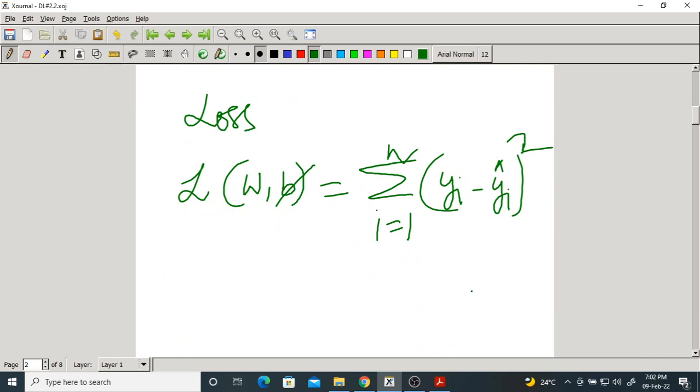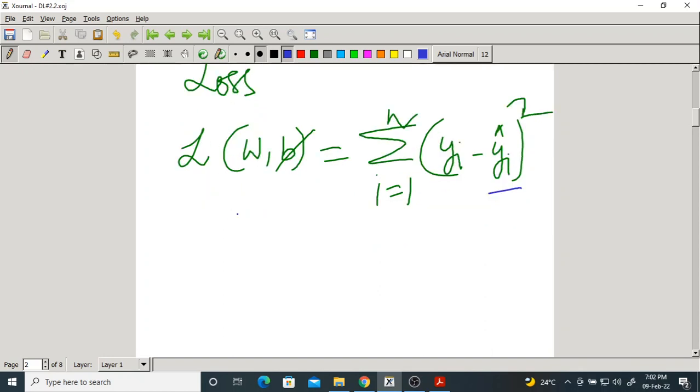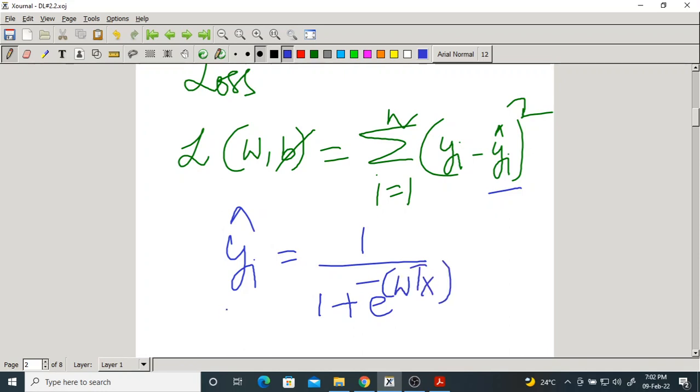So what is yi? That is the actual output. What is this yi cap? That is the predicted or approximate output. It depends upon 1 by 1 plus e power minus w transpose into x. Okay. So for specific w and x we get yi cap. So yi is the actual output.